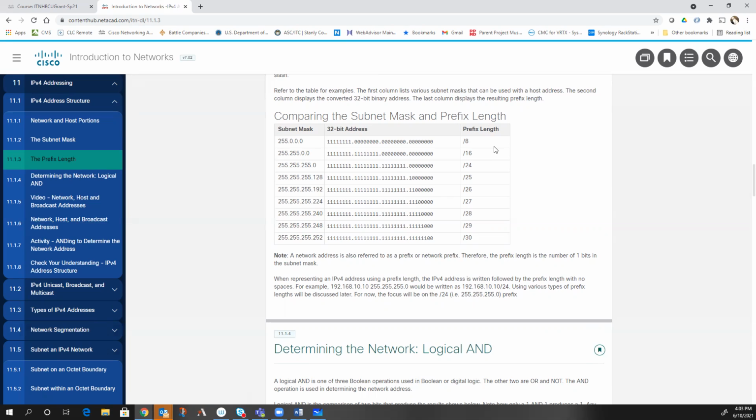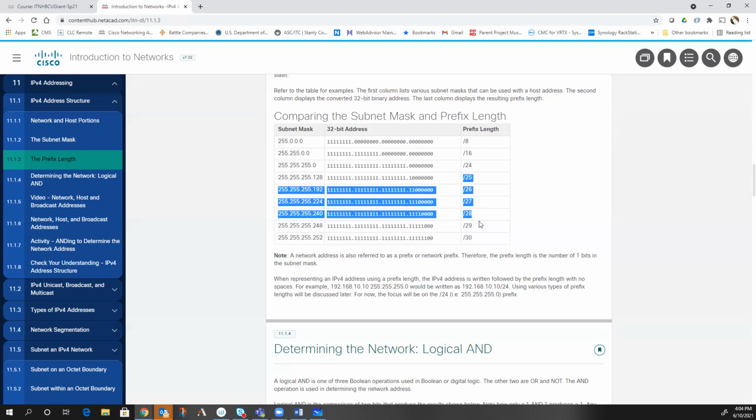And this is a good way to remember it. The big thing you will see with what we're doing is that a lot of times you just need to know how to get that variable. Remember /8 is a typical class A subnet mask, /16 is a typical class B subnet mask, and /24 is a typical class C subnet mask.